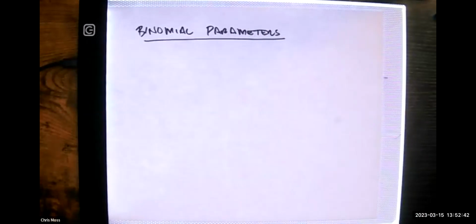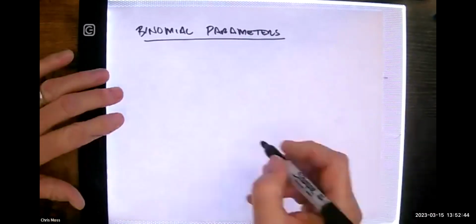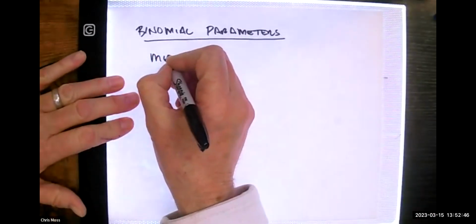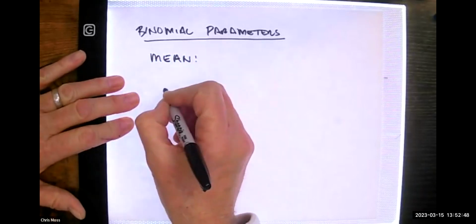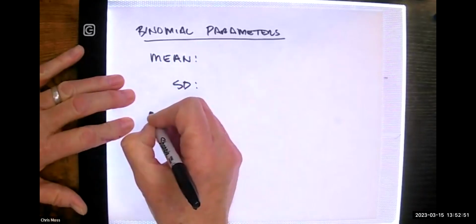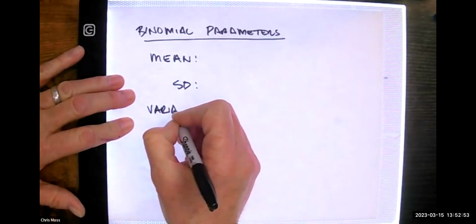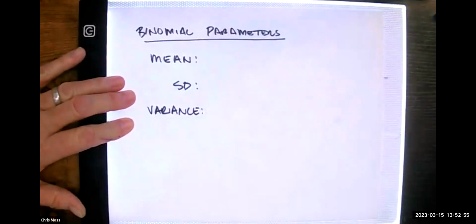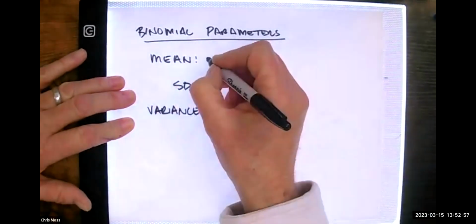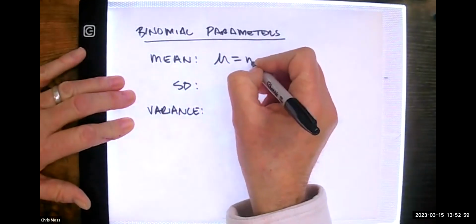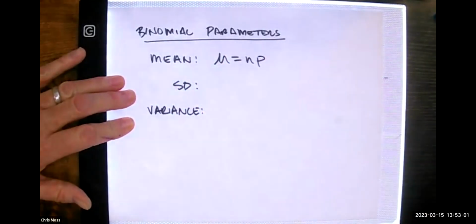So anytime I have a binomial distribution, I have the parameters. I have a mean, I have a standard deviation, and I have a variance. The mean, mu, is equal to n times p.